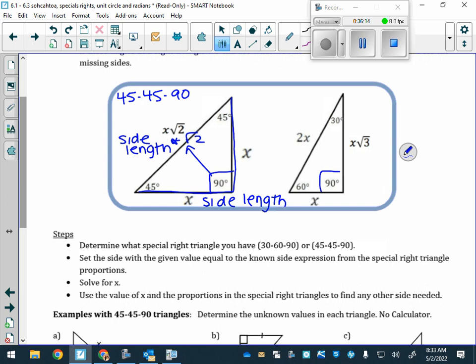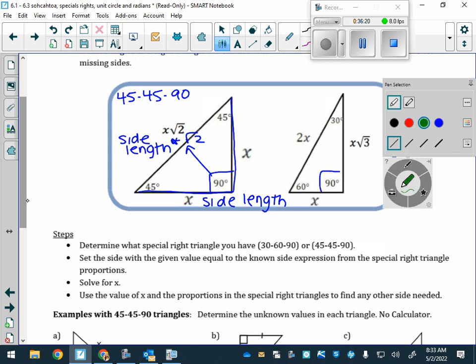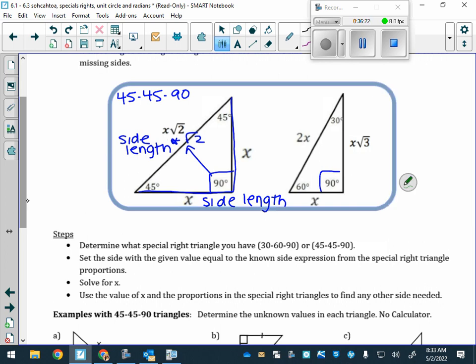Okay? All right. Now, our 30, 60, 90 is where it gets just a little tricky. Okay? Across from 30 is still your X, which is your side length. Okay? However, across from 60 is your side length times root 3. Across from 60 is your side length times root 3.